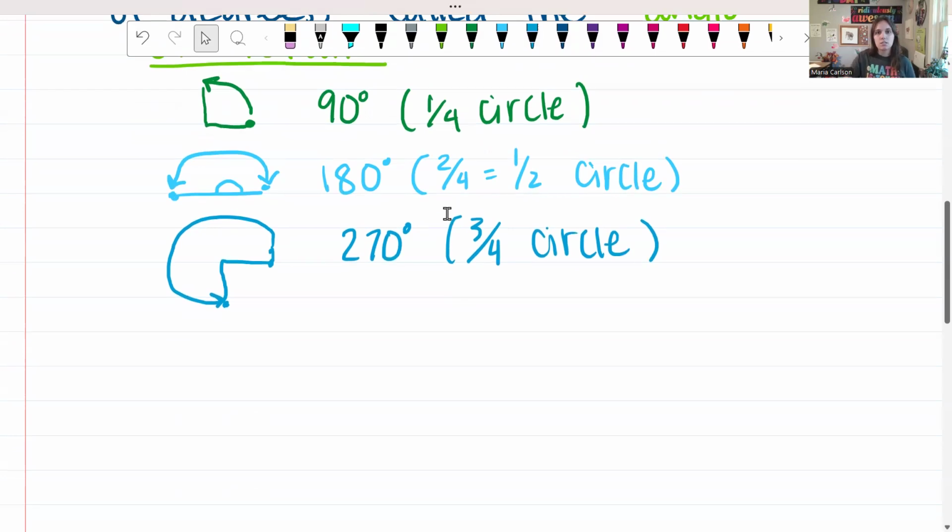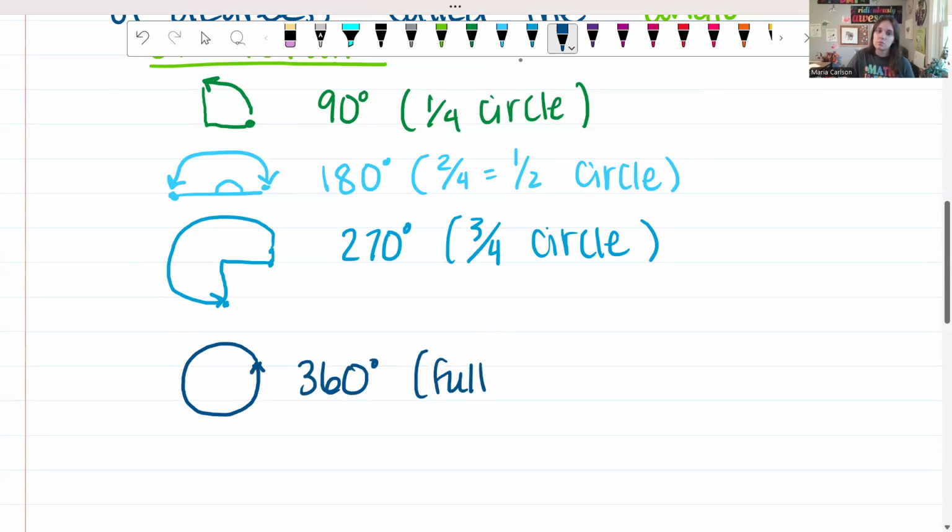It's important to note that if you spin all the way around a circle, that is 360 degrees, a full circle. So 90 degrees, 180 degrees, then down 270 degrees, and it can spin all the way back up.